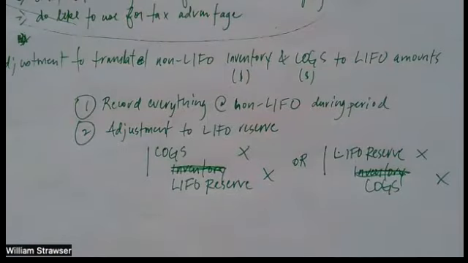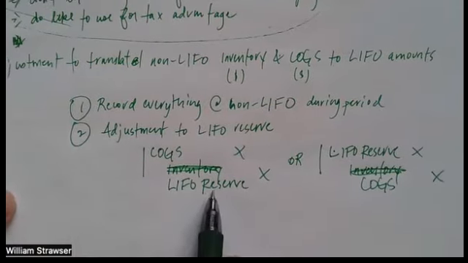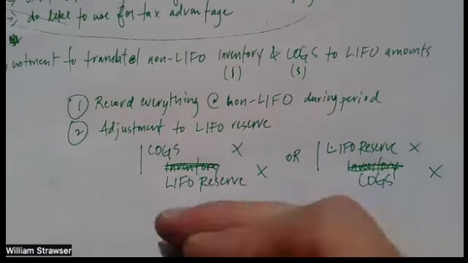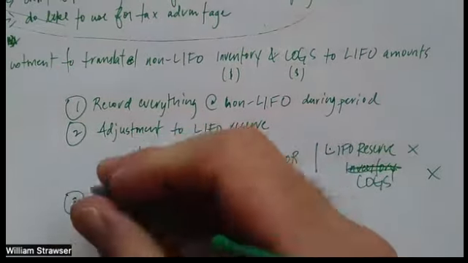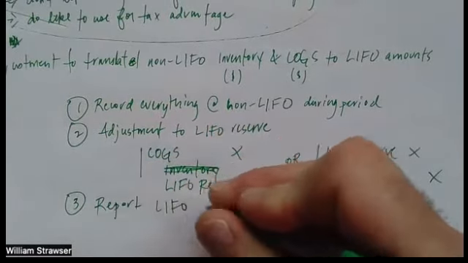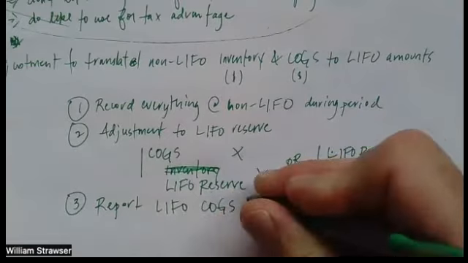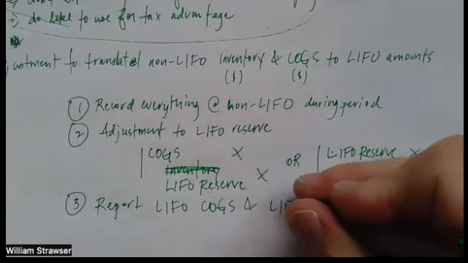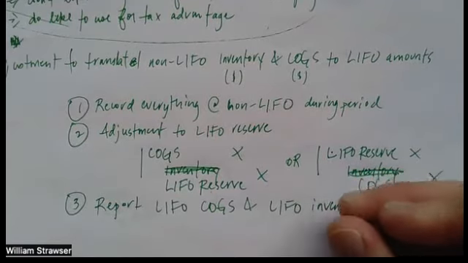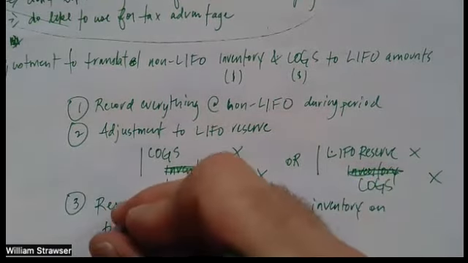Why does this happen? What we're doing is translating my inventory from non-LIFO to LIFO. And then after I've adjusted that, I report LIFO COGS and LIFO inventory on the balance sheet.